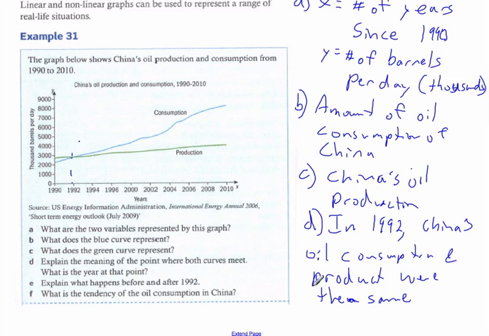So before 1992, what happened was, basically China produced more oil than it consumed. And what is the tendency of oil consumption in China?